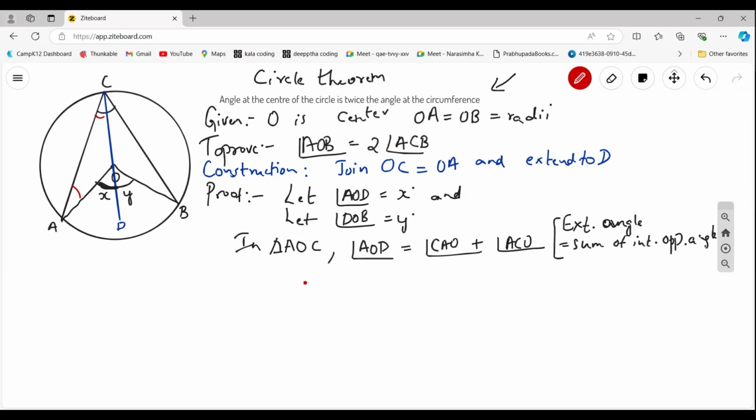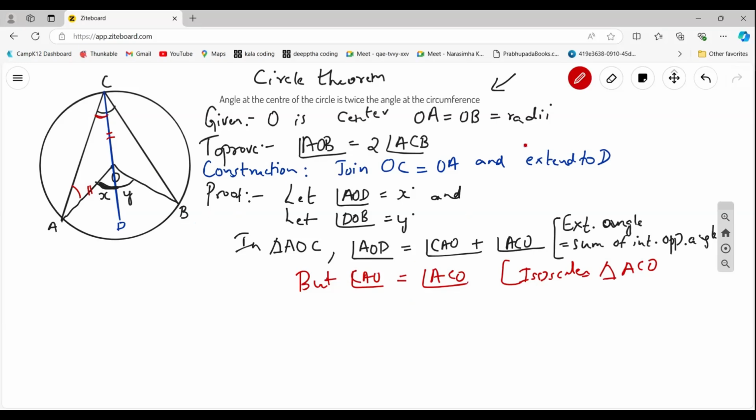But we know this angle CAO is equal to angle ACO. Why? Because this is an isosceles triangle. Which one? Isosceles triangle ACO. Why? Because we know OA is equal to OC, it's the radius. So the angles here are equal.